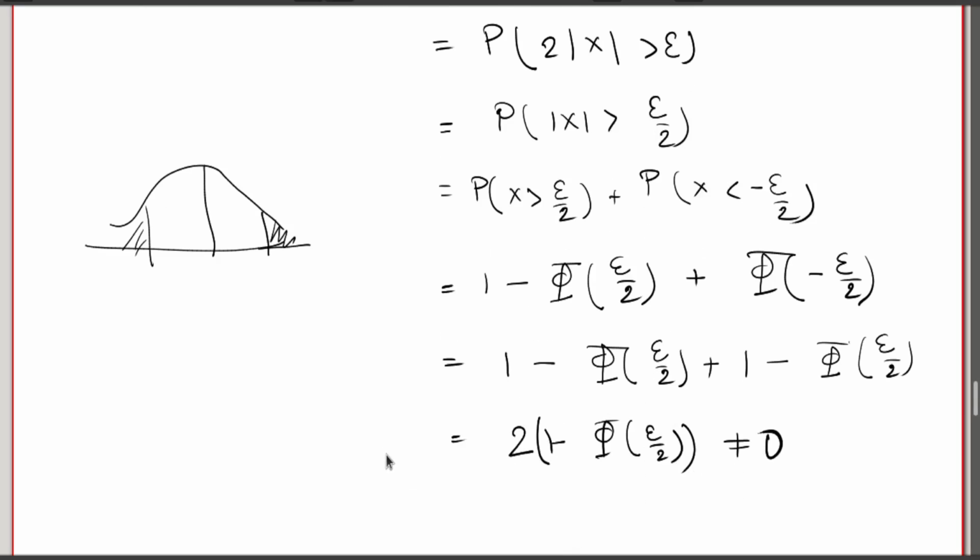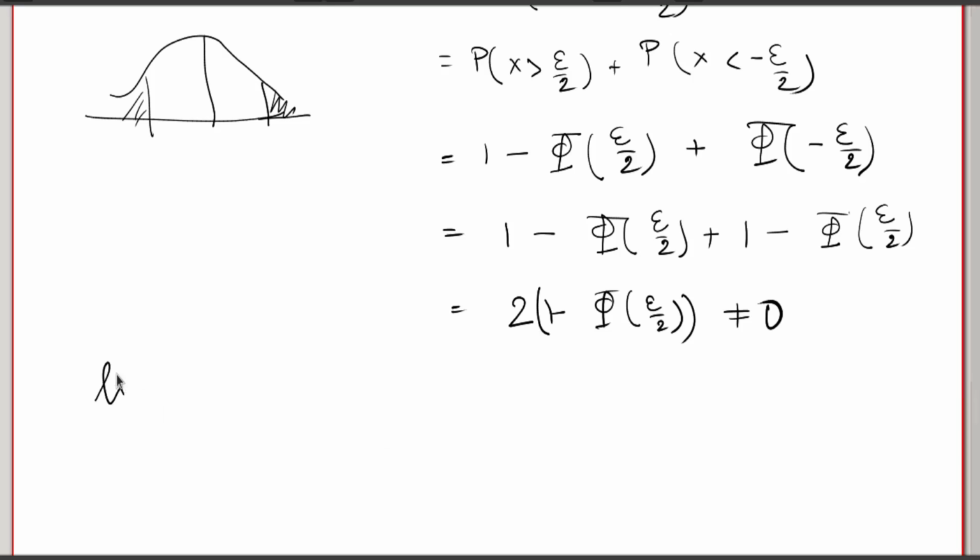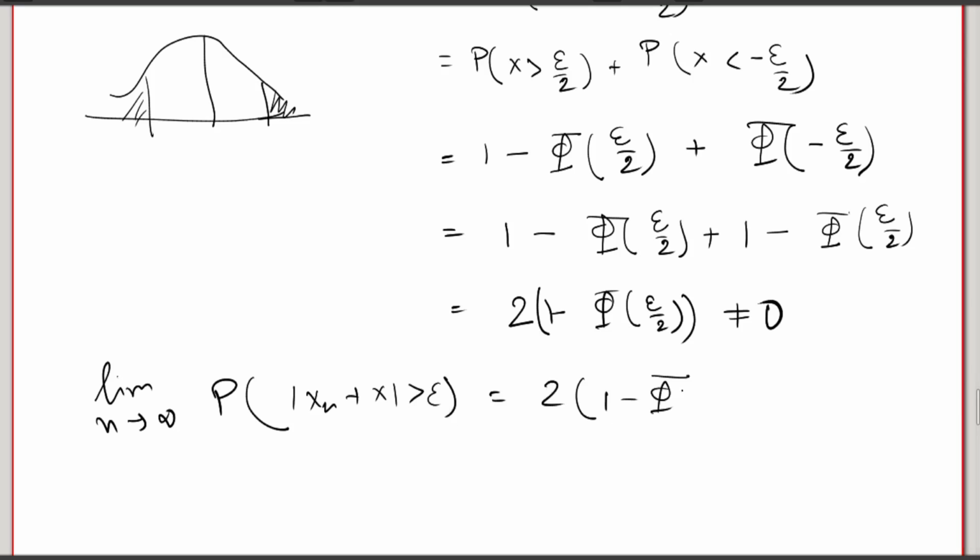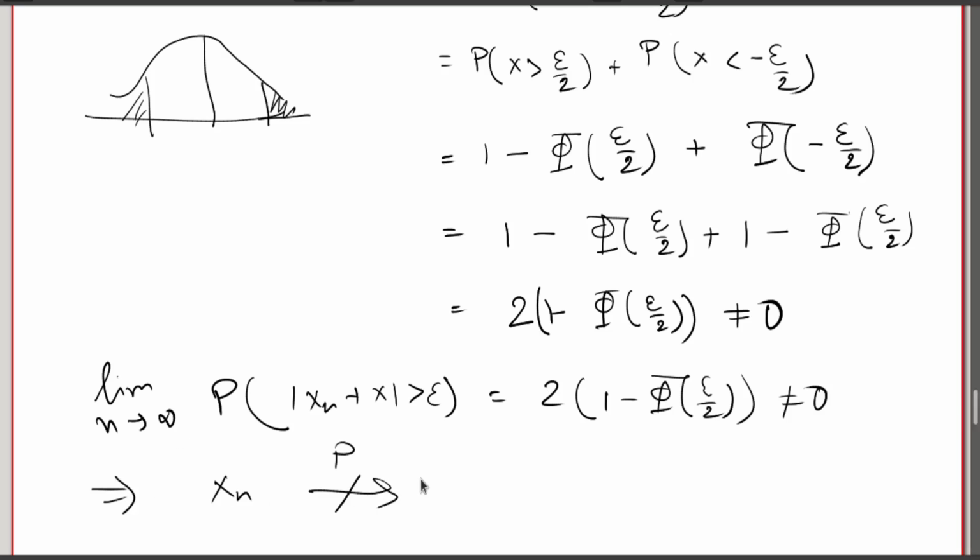So the limit as n tends to infinity of the probability that mod of Xn plus X is greater than epsilon equals 2 into 1 minus Φ of epsilon by 2, which is not equal to 0, and this shows that Xn does not converge to minus X in probability.